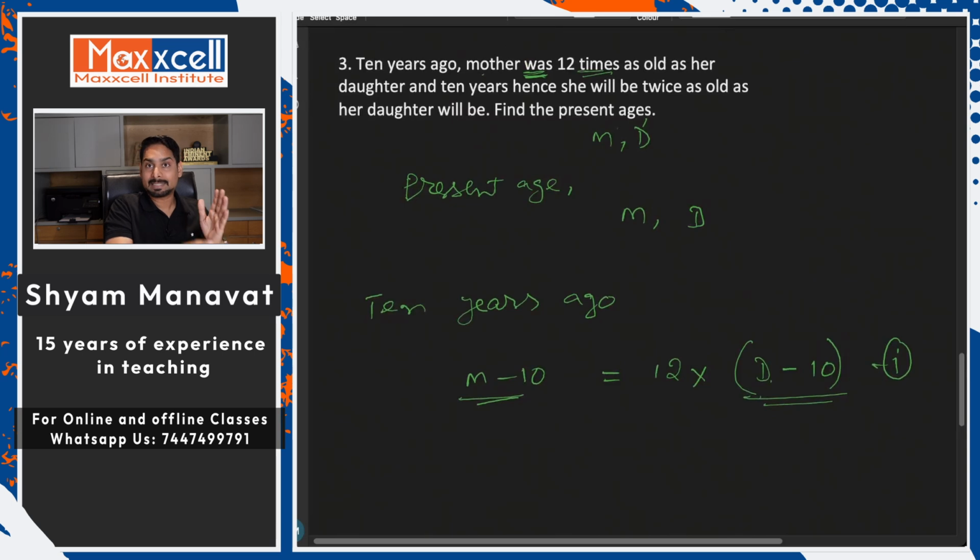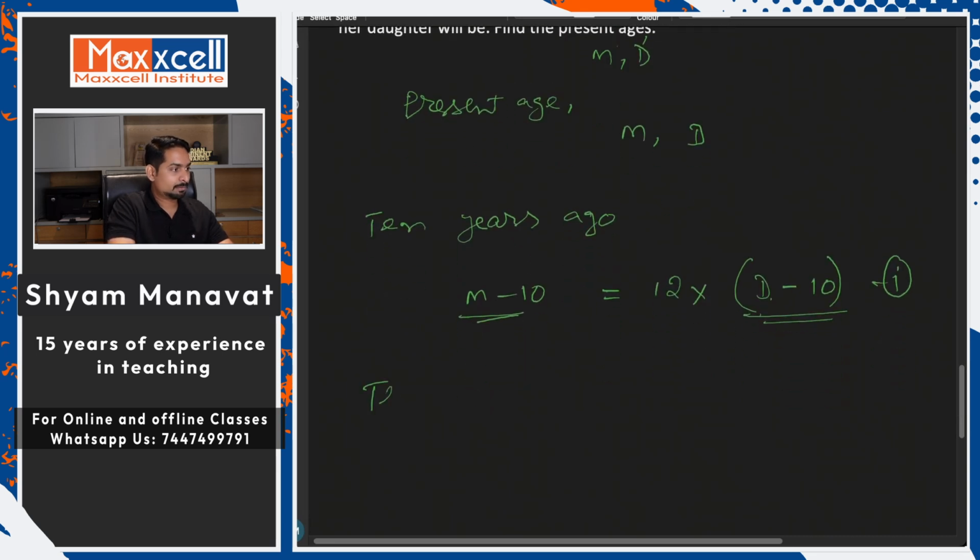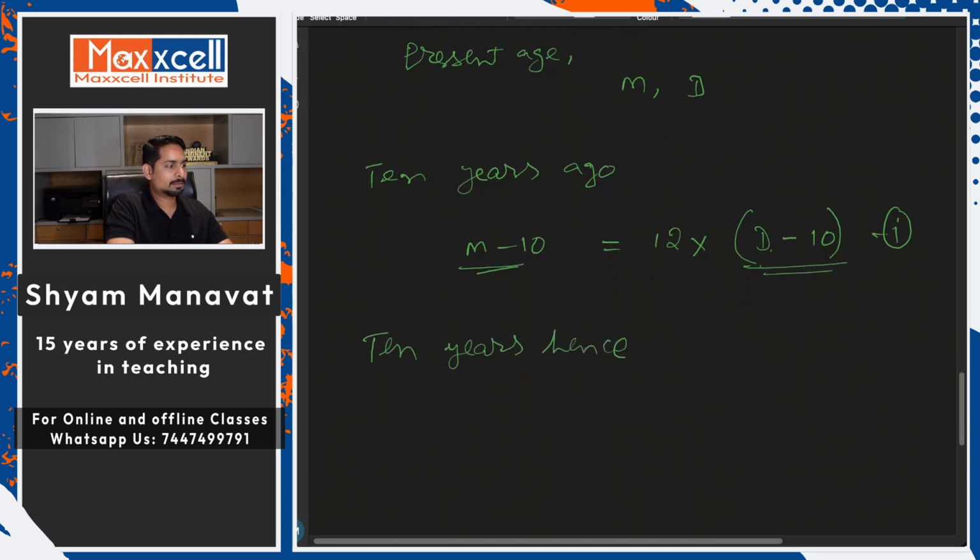And 10 years hence means when you go in future. So 10 years hence, it will become M plus 10 and daughter will become D plus 10.